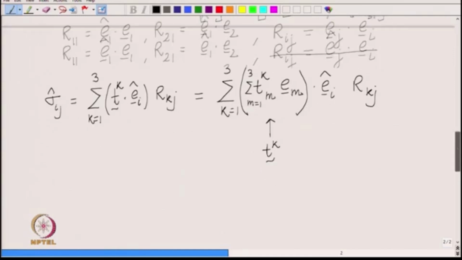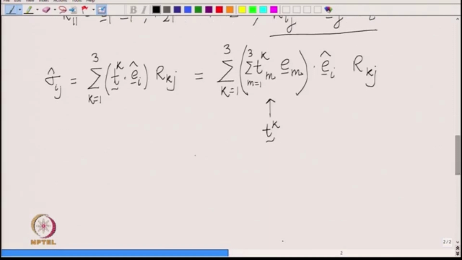So, we can now write this as double summation over k, m, Tkm Rmi into Rkj.